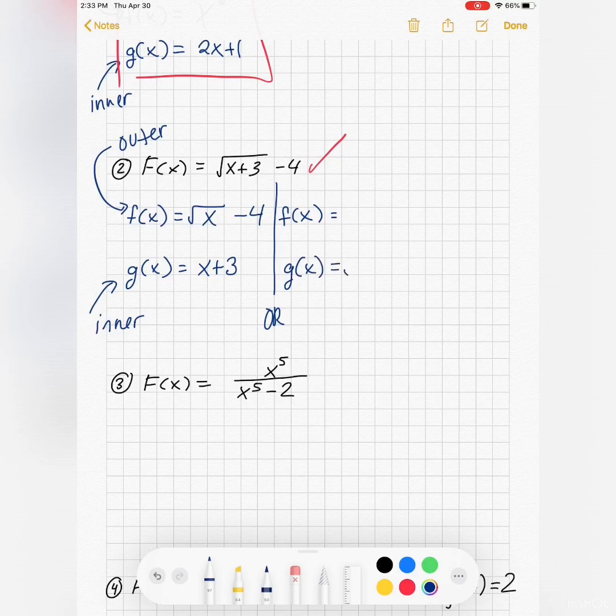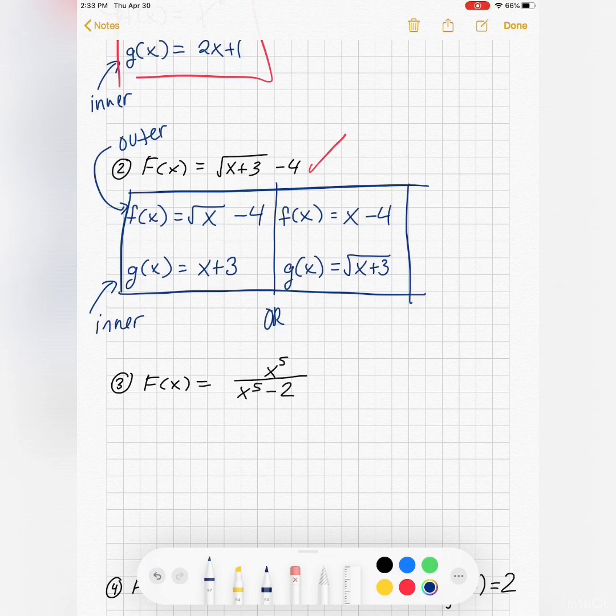What do you think if I let the inner piece be the square root of x plus 3? Then I just take that quantity and subtract 4. Either of those would work. Either or. Let me ask you what you think about one other thought.